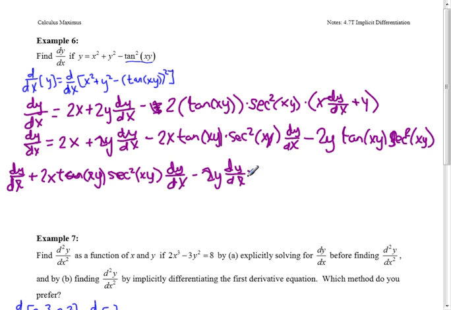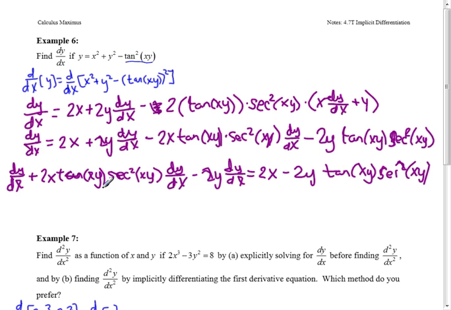And the only things left on this side are a 2x minus this whole part right here, 2y tangent xy and secant squared xy. Alright, because of the way my computer is right now, to save a little bit of time, I'm going to talk myself through some of this. Okay, notice there's a dy/dx in each of these 3 terms.